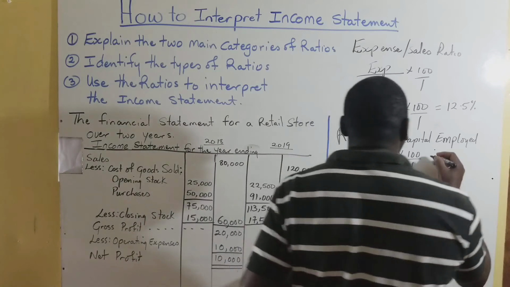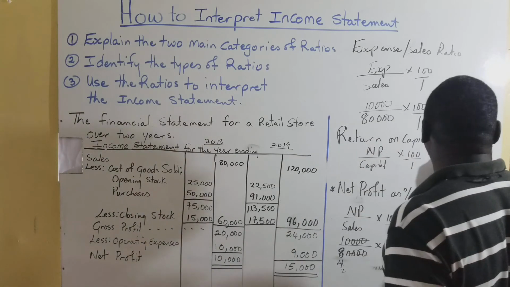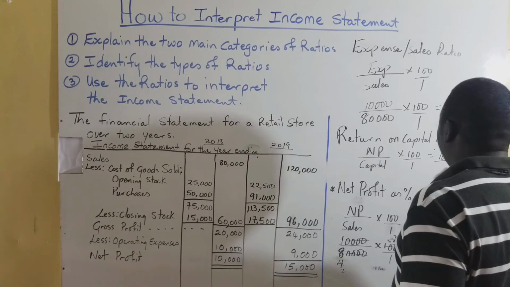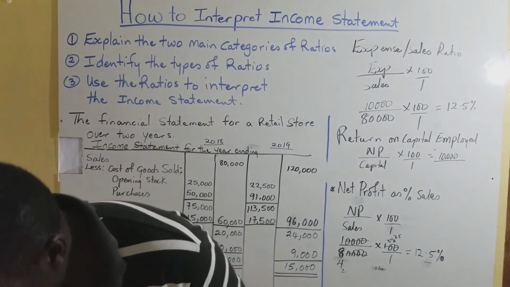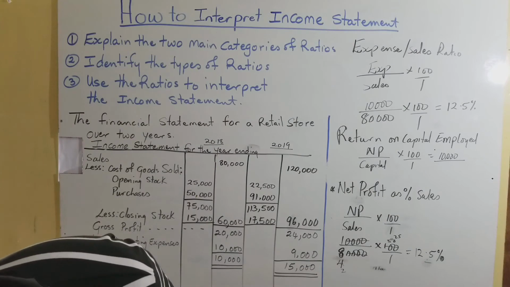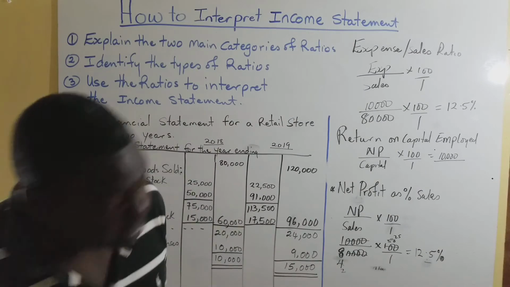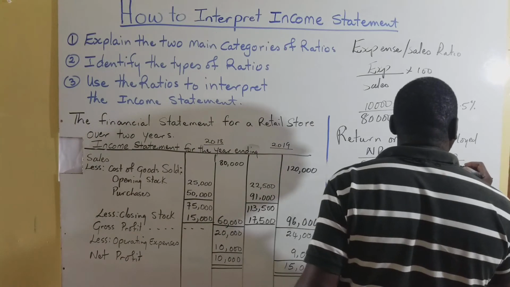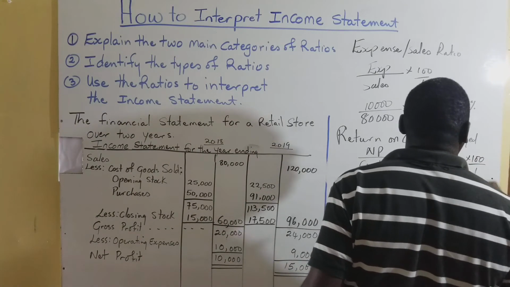Our net profit in this case was $10,000 over our capital, and our capital figure is $38,000, times 100 over 1.